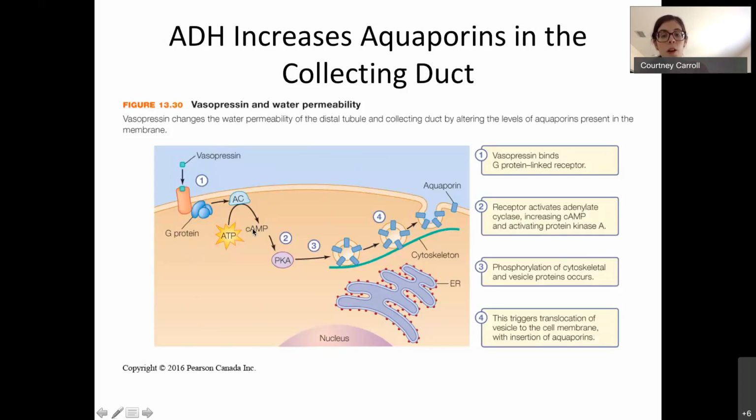Cyclic AMP will then activate PKA, protein kinase A, which is going to phosphorylate specific vesicle proteins that are going to send these vesicles that are already primed and ready to go, already full of aquaporins, to the surface, and they'll integrate into the cell membrane. And so now we will have very rapidly a lot more aquaporins expressed on the cell membrane in the collecting duct, and we'll be able to take in and reabsorb a lot more water.